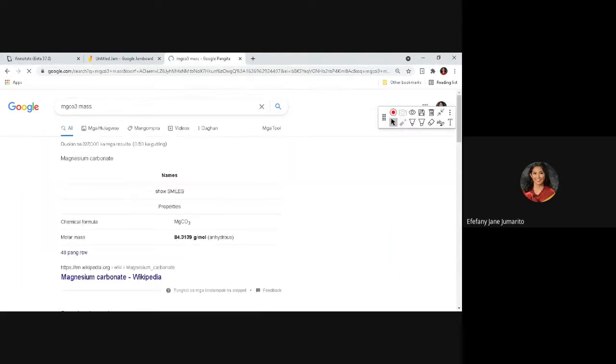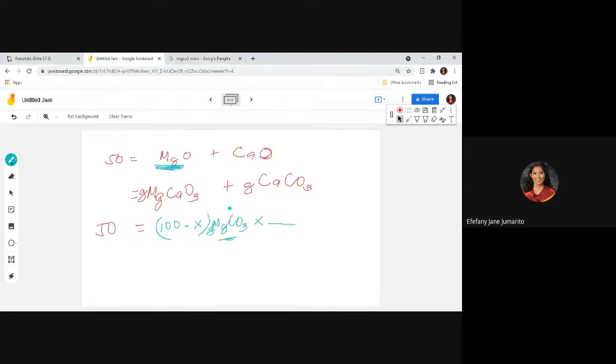84, 81.31, ma'am, grams. Ay, sorry. 84 grams MgCO3. That's 1 mole. Now, in 1 mole of MgCO3, ang atong gusto maabot nato ni siyang MgO.